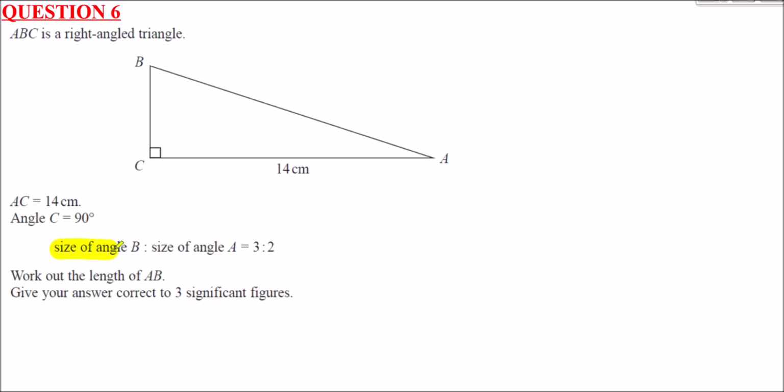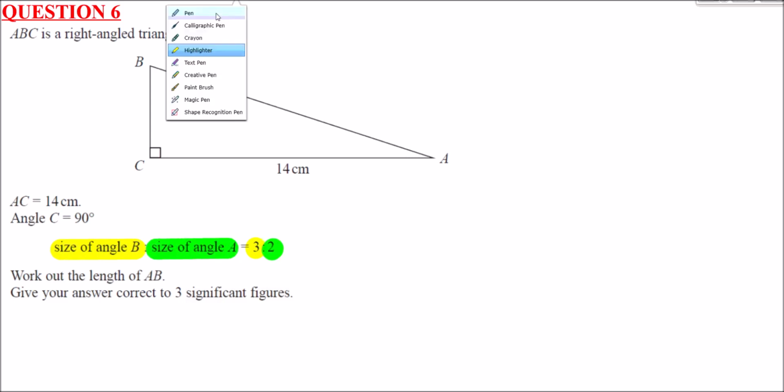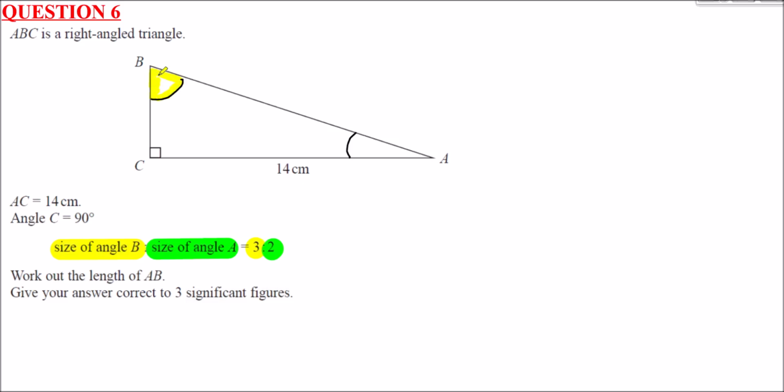So angle B is 3 parts for every 2 parts that angle A is. So we now need to just put this into a context and try and work out the sizes of angle B and also angle A.